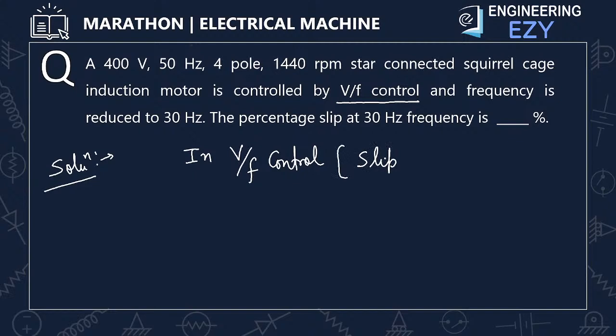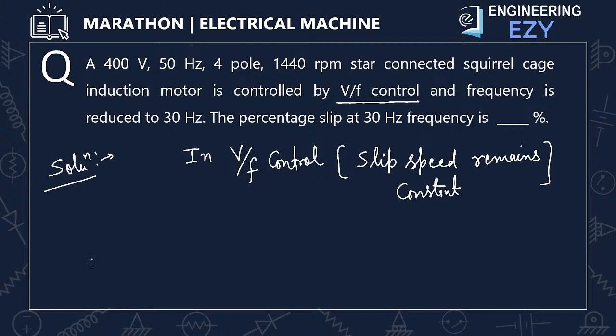Slip speed, Ns minus Nr, remains constant. If you know this fact, you can solve this question very easily. In the V by F control method, slip speed remains constant and slip speed is nothing but Ns minus Nr, or s Ns, because Ns minus Nr is nothing but s Ns.